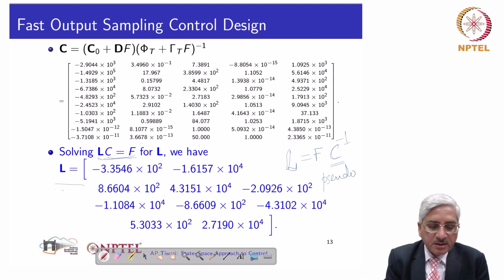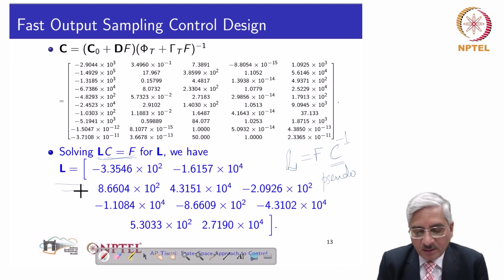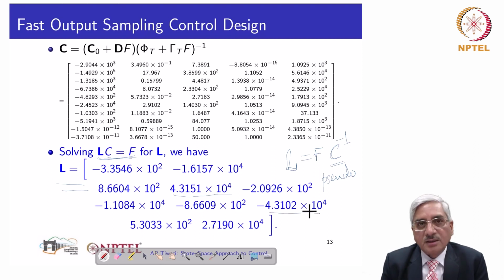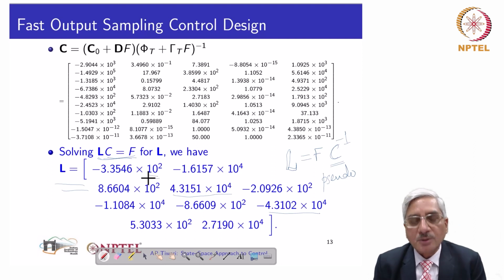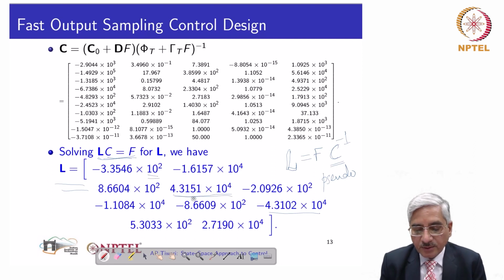And so we obtained this L. Now you see again the effect in L. The elements in L, you can see this is 4 into 10 to the power 4, a very large value. This is only slightly smaller than that, on the negative side, and the smallest values are of the order of 10 to the power 2 or so. So the fast output sampling controller gains are very large, of the order of 10 to the power 4.